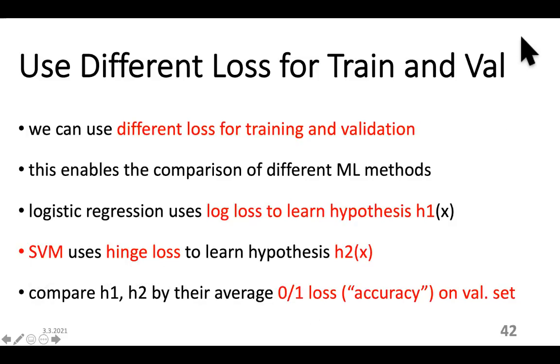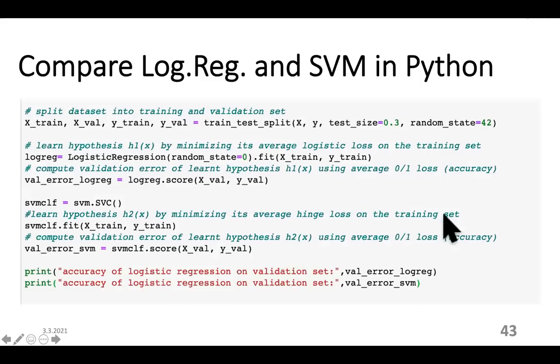However, to compare those two, it's better to use the 0-1 loss on the validation set, because then I can compare. I can say, aha, this hypothesis H1 got 90% correct on the validation set, and this other hypothesis, H2, got 95% correct on the validation set. So it seems that H2 is better.